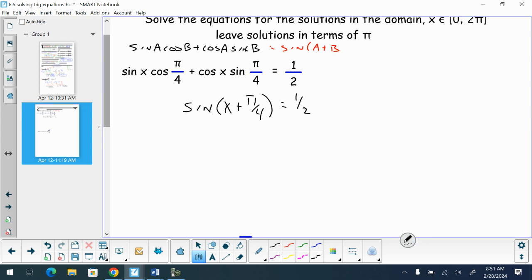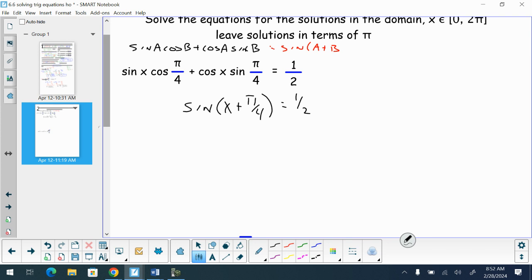Take your inverse sine of both sides. Now we're going back to what we just did on the front side. Once again, you need to figure out what works best for you. Do you want to keep everything in degree mode and convert everything at the very end?